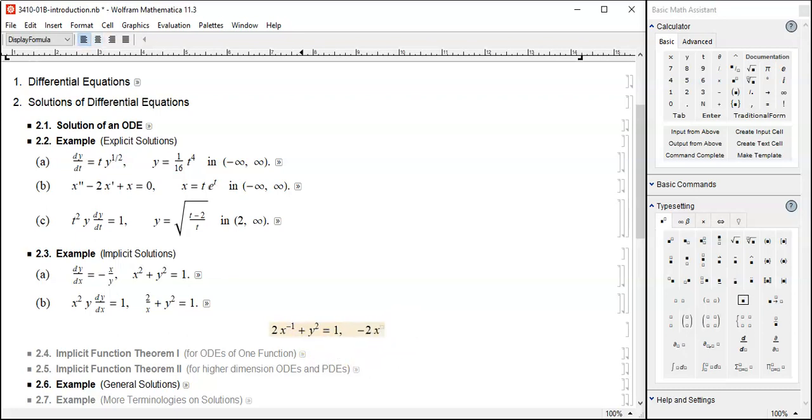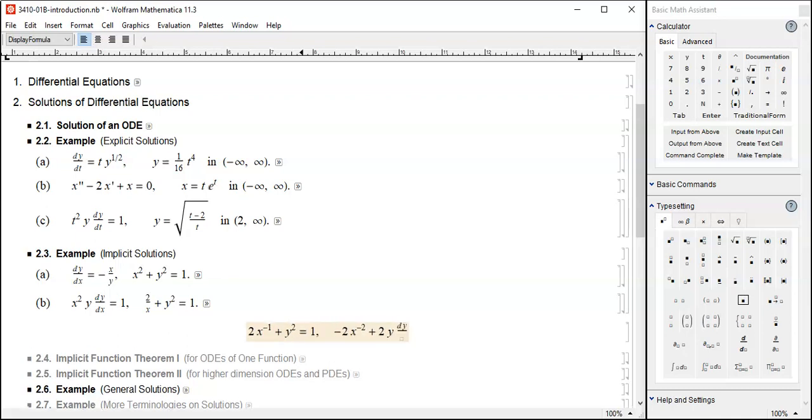Negative 2x to the negative second power plus 2y dy/dx is equal to 0, right? If you take the derivative of 1. And then we have the denominator here, x squared. So just multiply it out. Multiply by x squared, we get that.